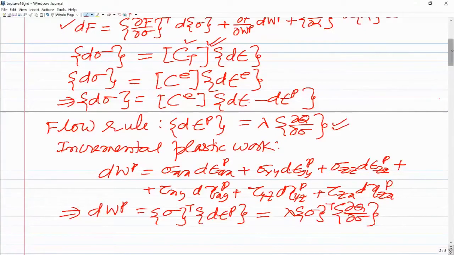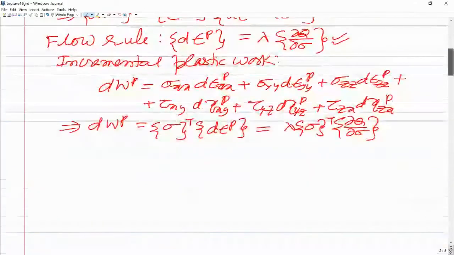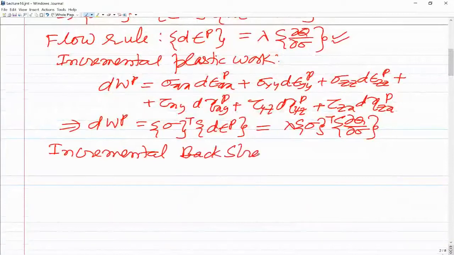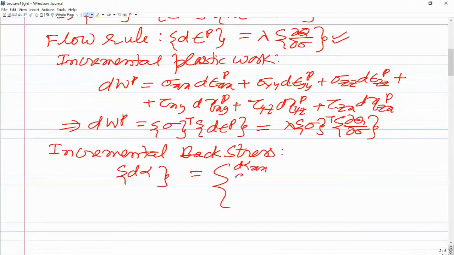Now we also have d alpha, the incremental back stress, which is an internal state variable. It has six components: d alpha xx, d alpha yy, d alpha zz, d alpha xy, d alpha yz, d alpha zx.